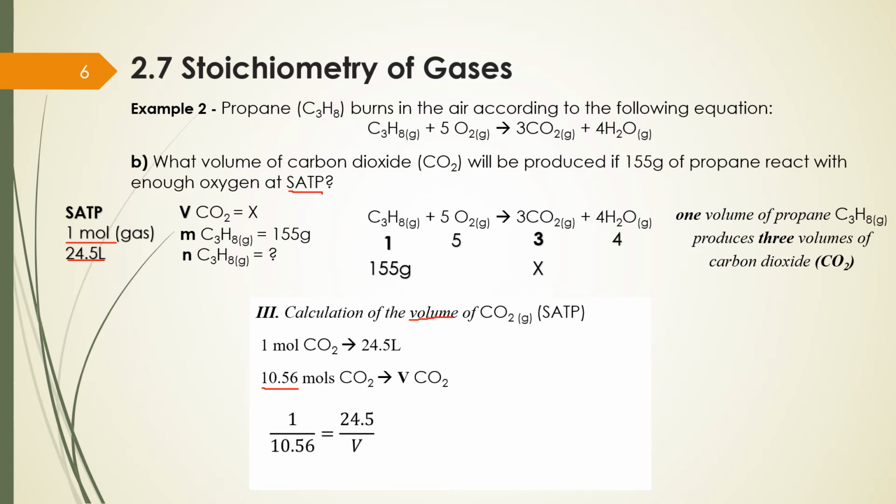So plug in again, 1 over 10.56 equals 24.5 over volume. So my volume is going to be 10.56 times 24.5. So my volume is 258.72 liters of CO2. Did I finish now? Yes.